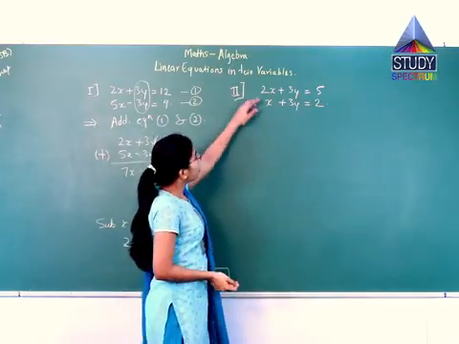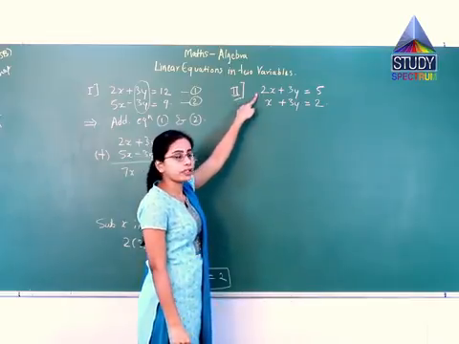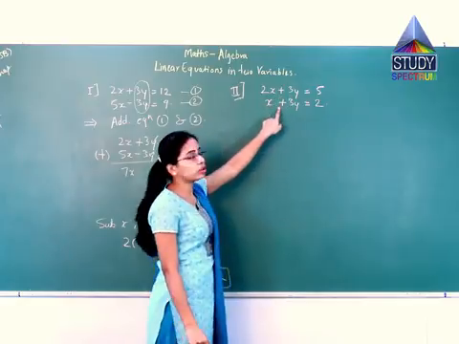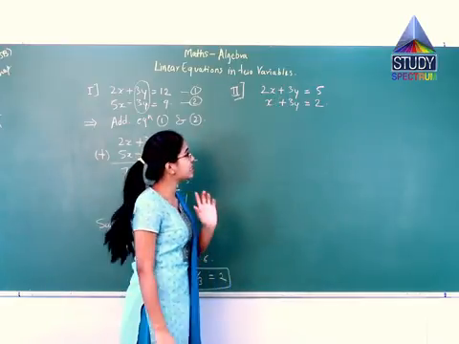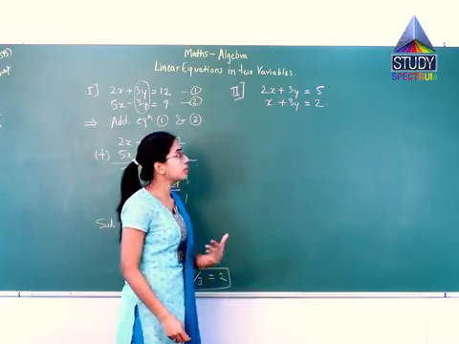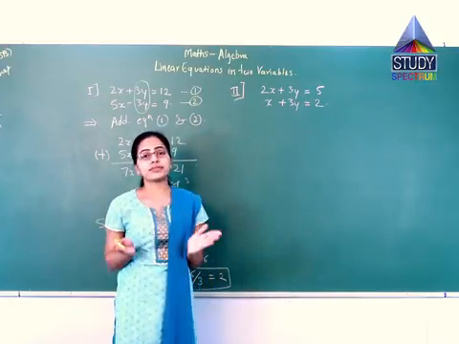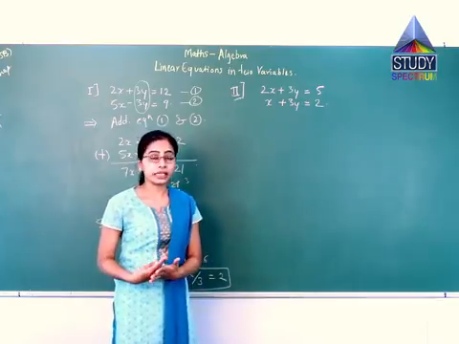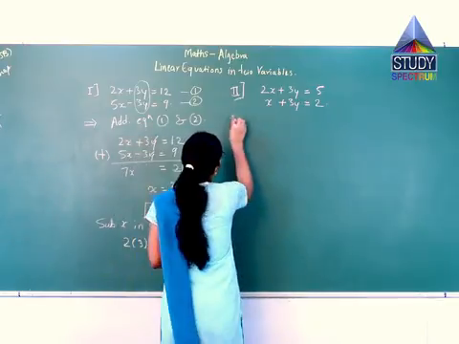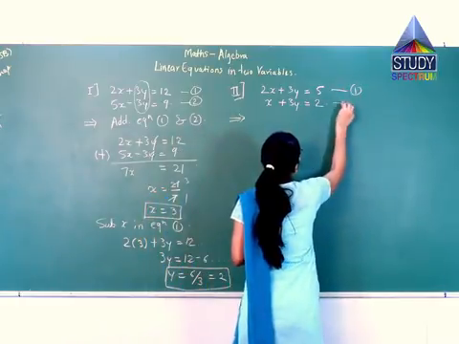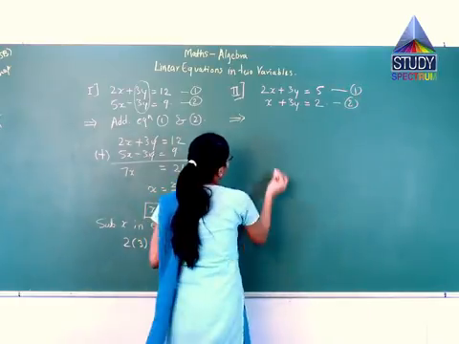You can see the coefficients of x are different but the coefficients of y are similar, but both y have the same sign. In this case, if we add these 2 equations, our quantities will expand and we will not get any kind of answer. So here what we will do, we will subtract these 2 equations.